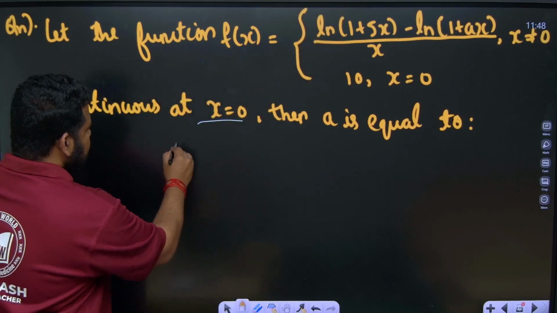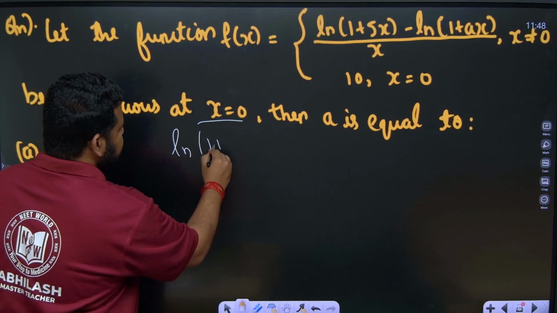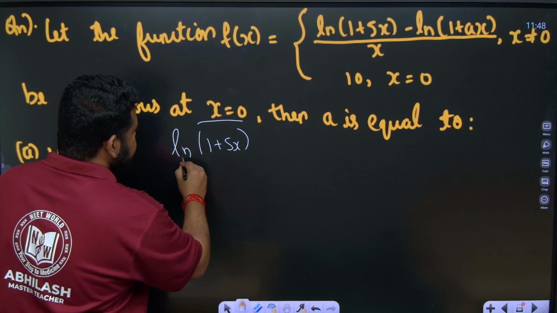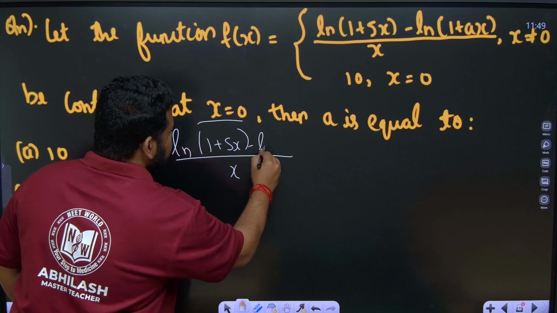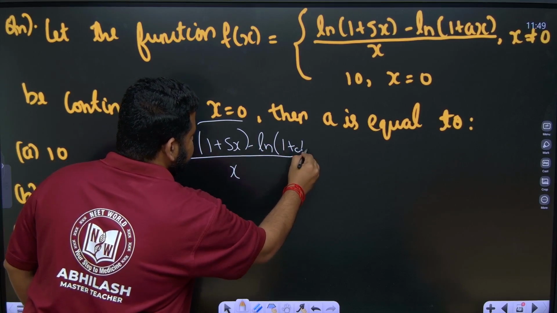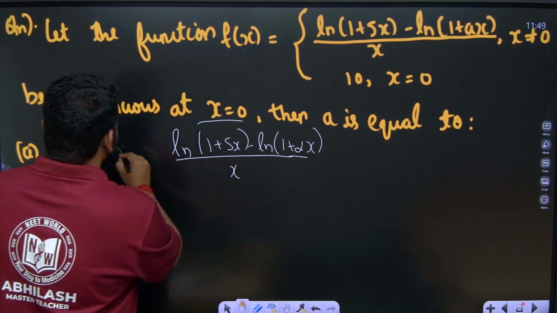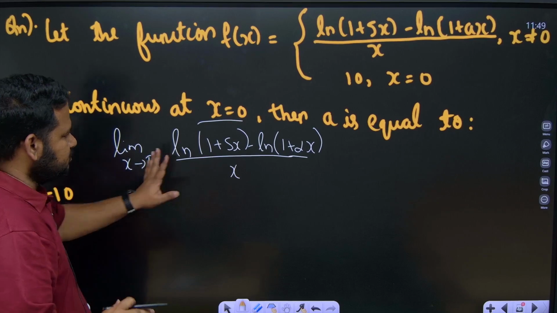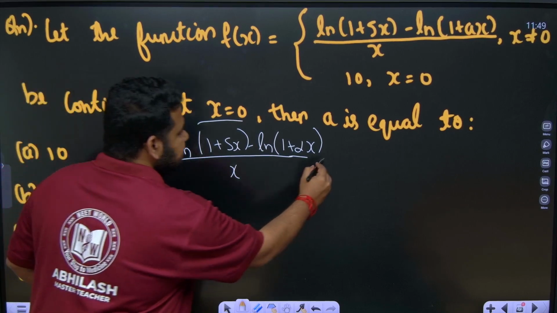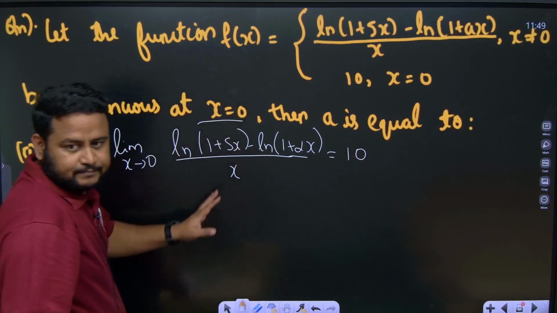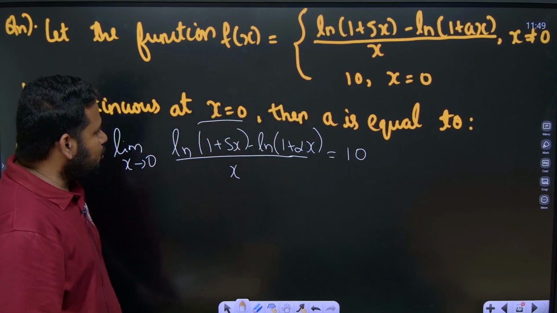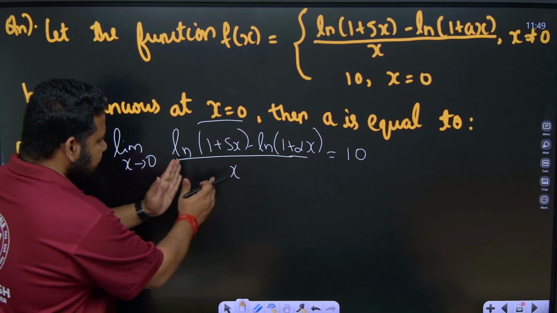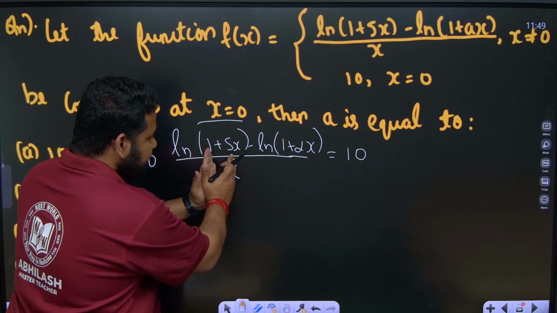Let me take this function: ln of 1 plus 5x by x minus ln of 1 plus alpha x, limit as x tends to 0. They have given that it is equal to 10. Now what I will do is, I am having x, so I will split and divide.